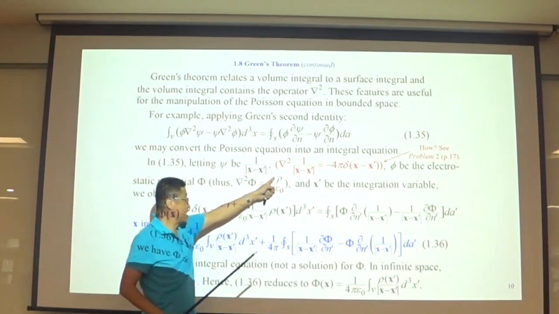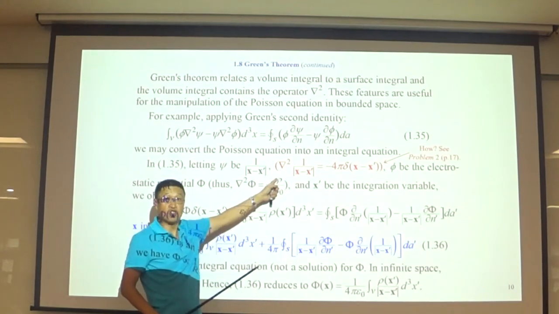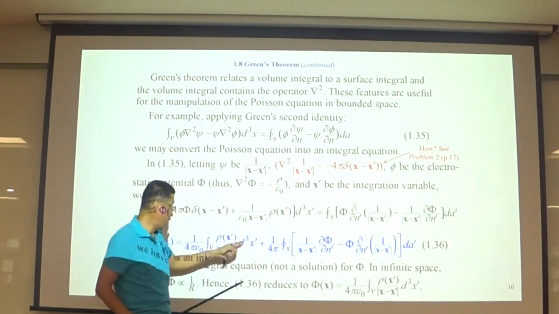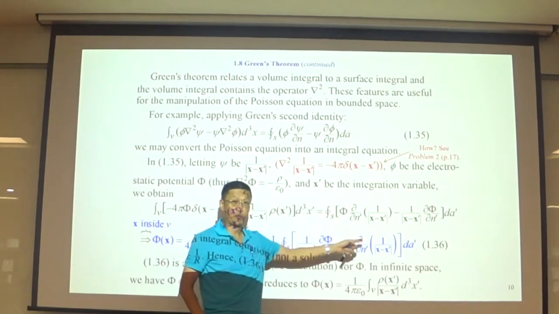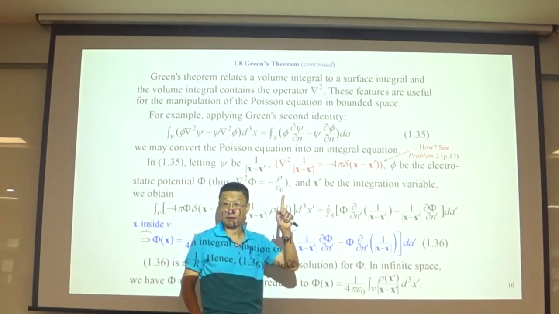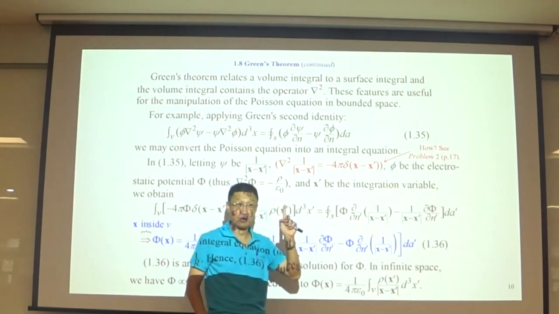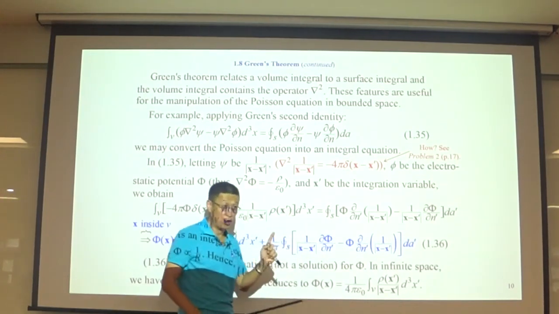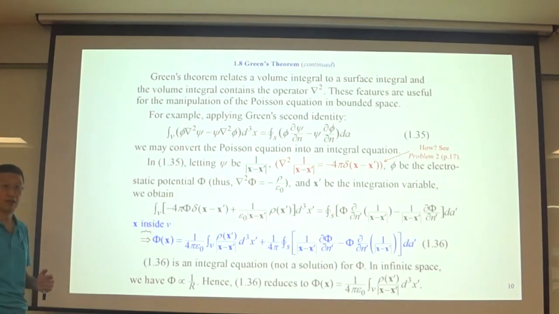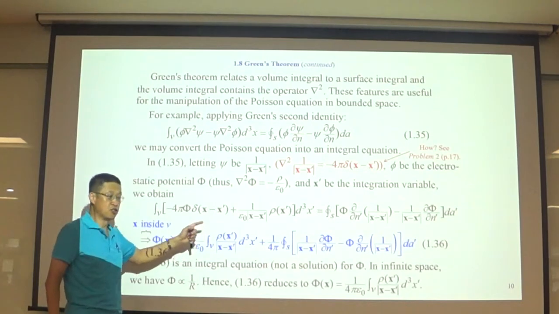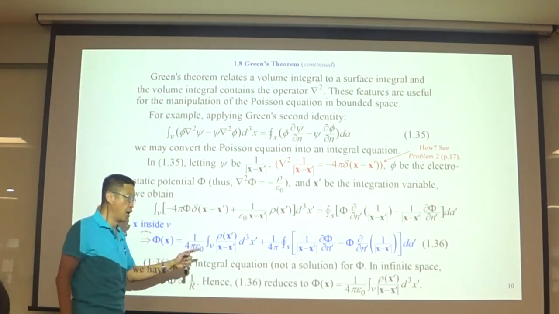If this one is 0, Laplace equation, great. This one is 0. Then we just deal with 1 term. Good news. So we can simplify the calculation a lot. That's why we will talk about Green's theorem first.